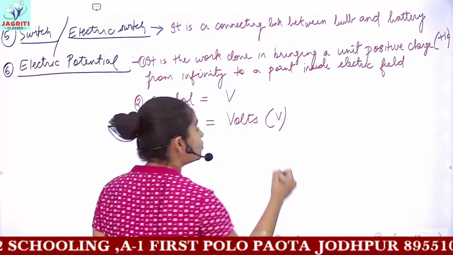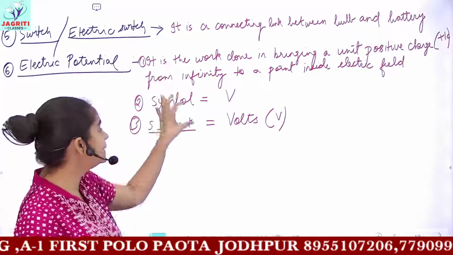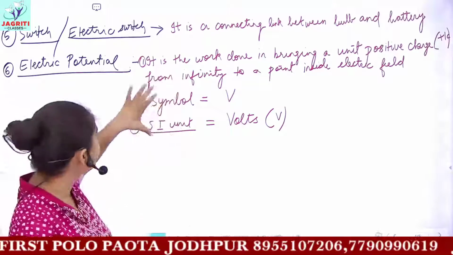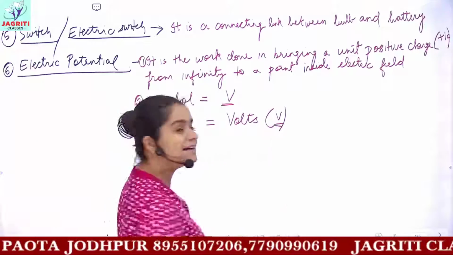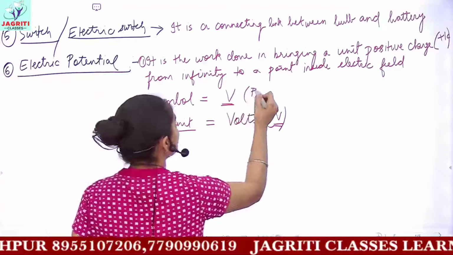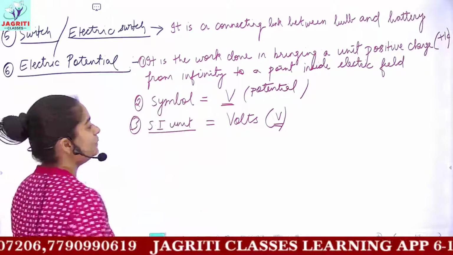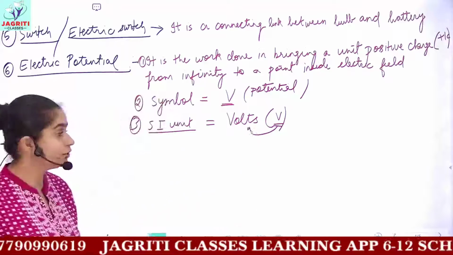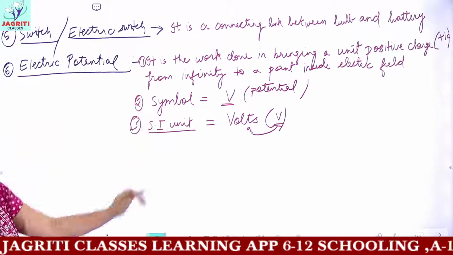So the symbol and the SI unit of potential are the same, both denoted by the letter V. But V as a symbol stands for potential, and V as the SI unit means volts.